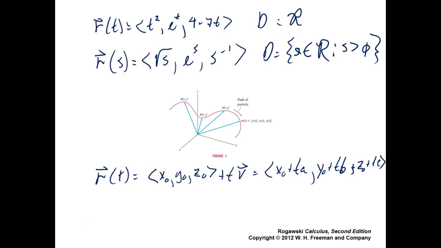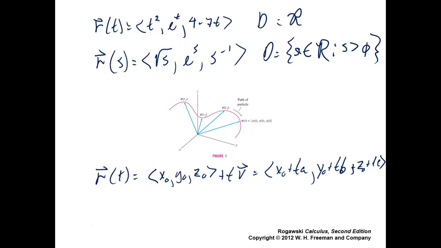Now, it is important, this is the paragraph right above example 1. It is important to distinguish between the path parameterized by r of t and the underlying curve c of t traced by r of t. Boy, is there a difference.